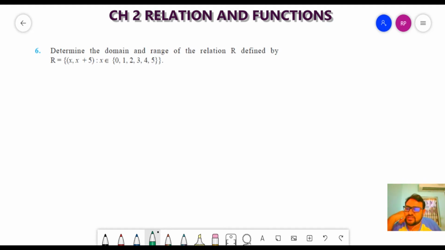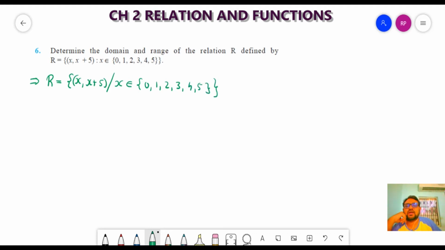Question number 6. Determine the domain and range of the relation R defined by R equal to, see here it is given that R is equal to the ordered pair x, x plus 5 such that x belongs to 0, 1, 2, 3, 4 and 5.